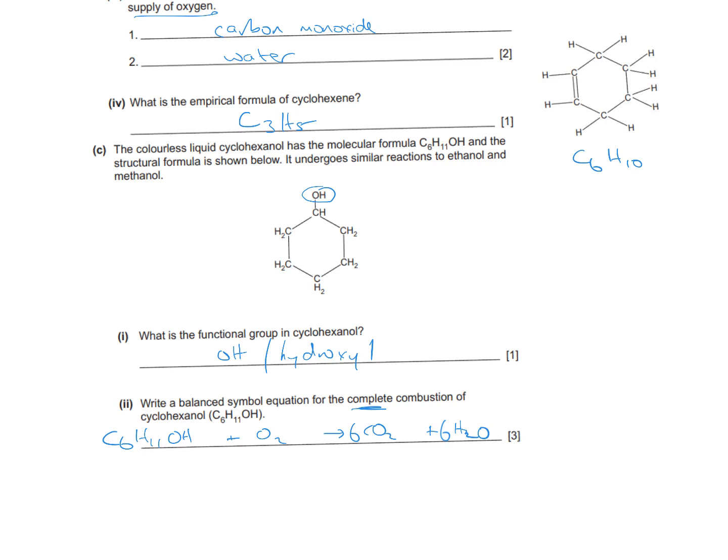And then finally finish with the oxygens. 12 plus 6 is 18, so I need 18 here. Now remember, there's already 1, so if we discount this 1, that brings us down to 17. So this here needs to equal 17, just going to be 8.5. Again, you can have multiples there if you prefer.